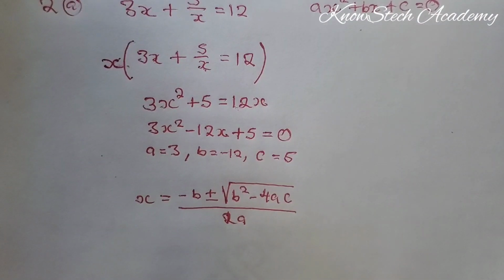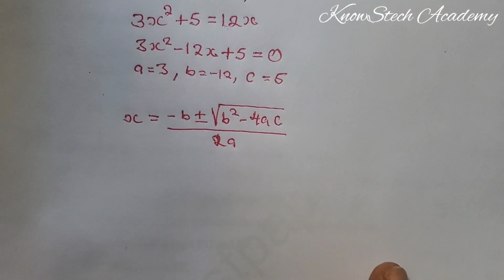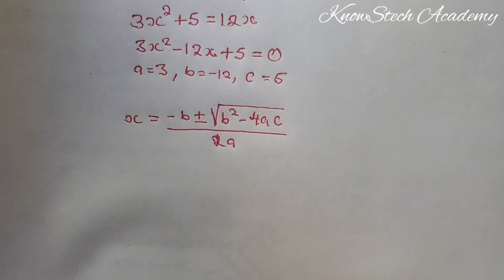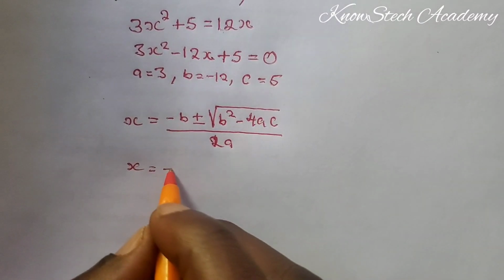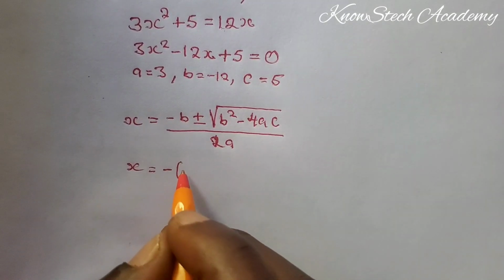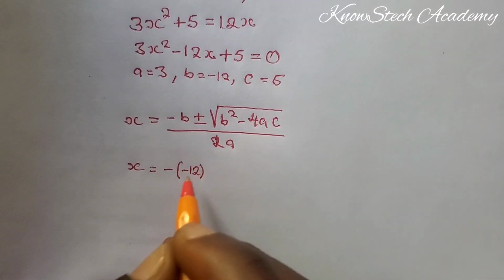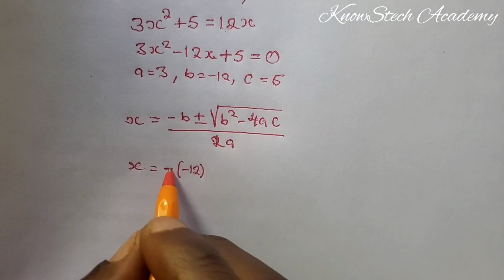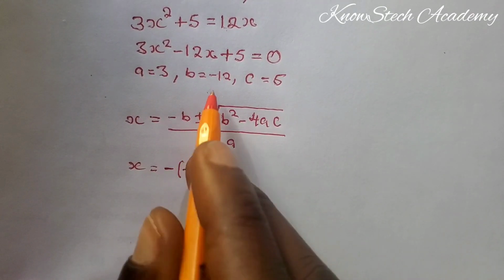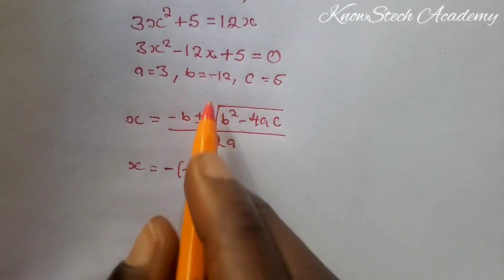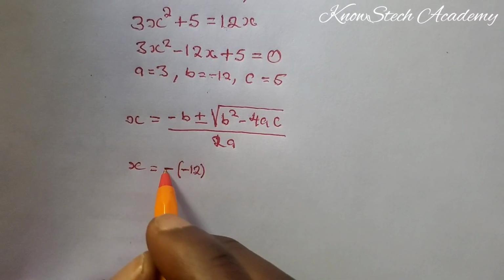Now let's substitute the values. x equals negative b, and b is negative 12, so we substitute b with negative 12 the way it is, not just 12.